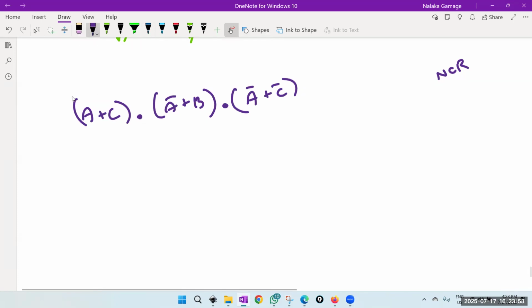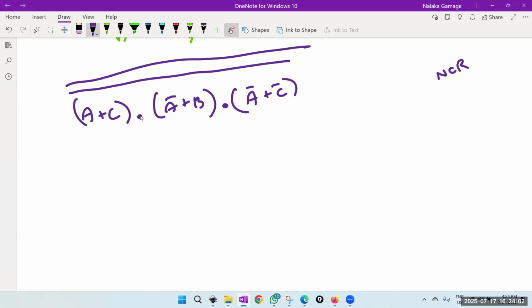So I will apply the bar rule so that I can replace AND gates with OR gates. I can expand because A bar bar is A, so I have not made any change. Now I can apply De Morgan's rule to the lower part: A plus C bar, plus A bar plus B bar, A bar plus B bar, plus A bar plus C bar.